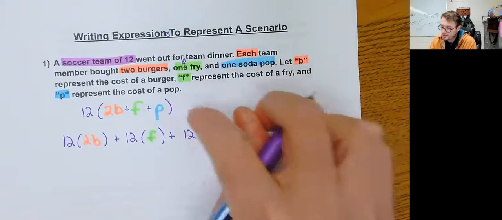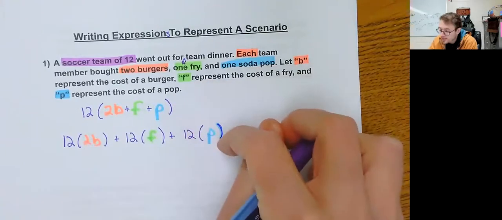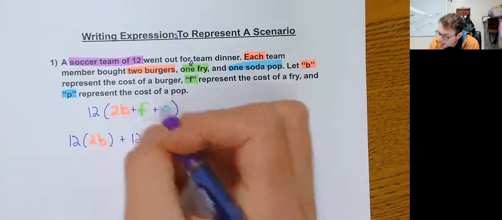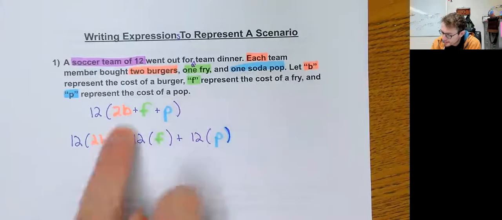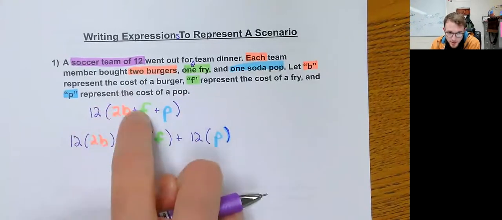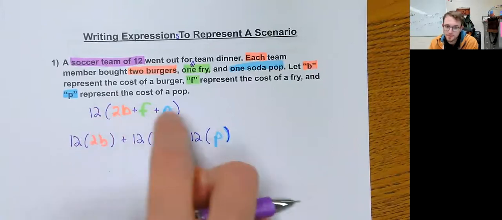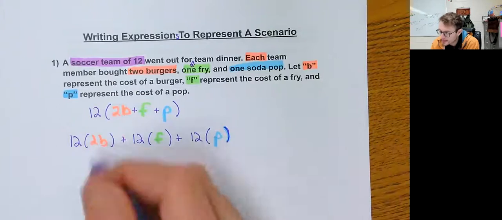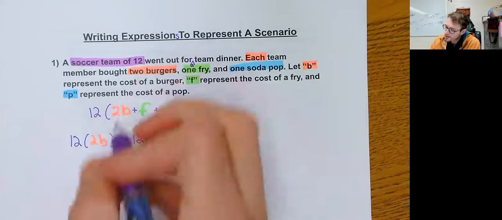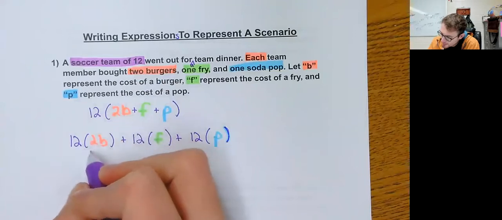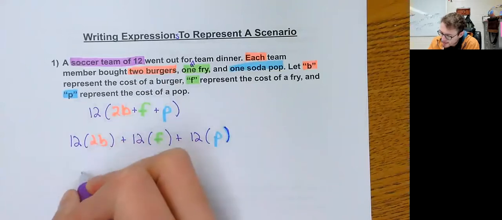These are equivalent expressions. And if you notice, hopefully some of you are noticing that this expression is this one distributed out. 12 times 2b, 12 times f, 12 times p. Another way you can even simplify this further is, well, 12 times 2 burgers means we're buying 24 burgers.